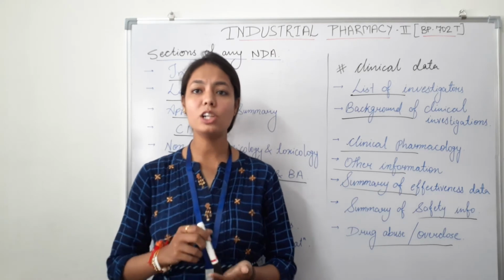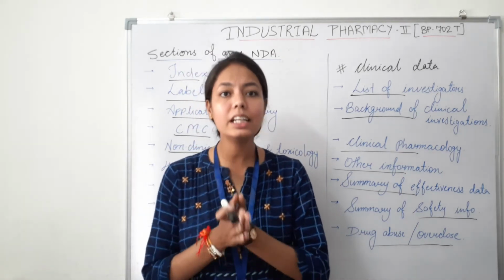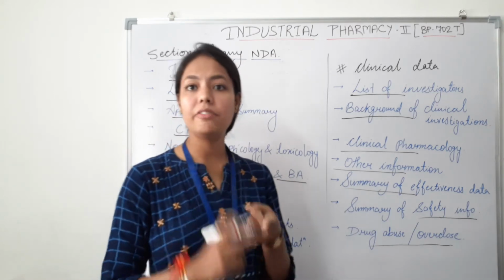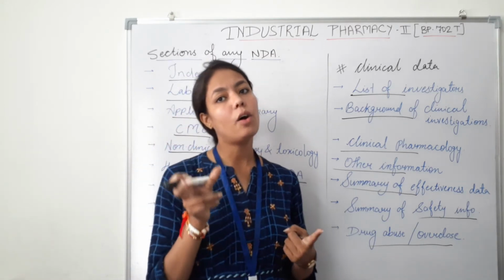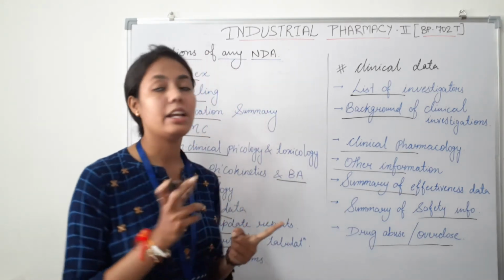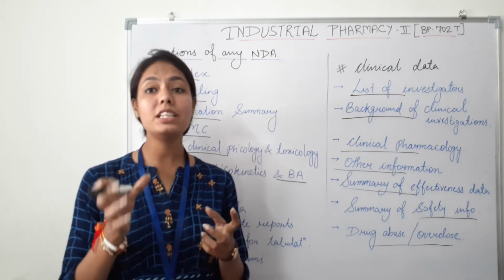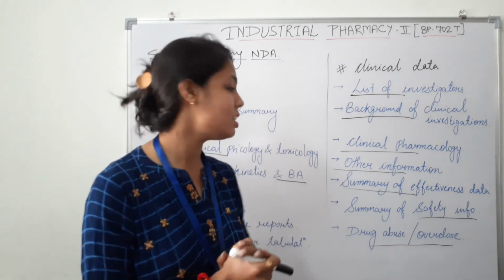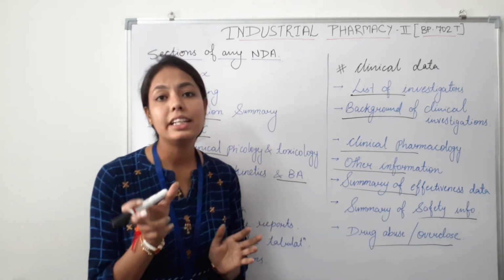This section also includes copies of all the controlled clinical trial reports, the integrated summary of efficacy and safety, and also the risk-benefit ratio and the basis on which the risk-benefit ratio has been calculated. All these come under statistics.